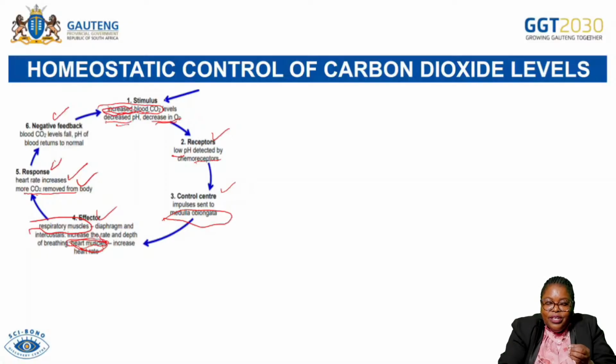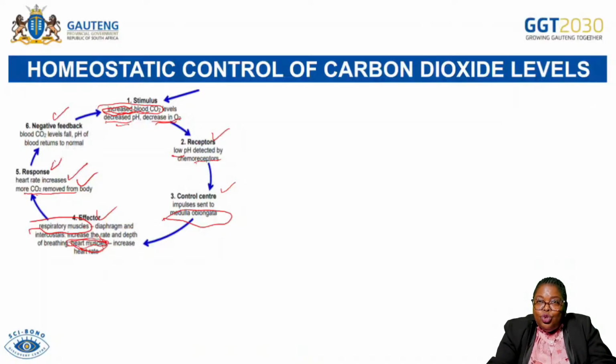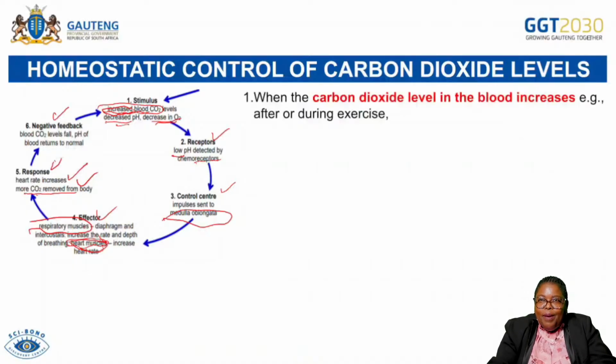For negative feedback to happen, the blood carbon dioxide level is going to decrease. Then the pH of the blood is going to return to normal. So it's important to understand how negative feedback happens.